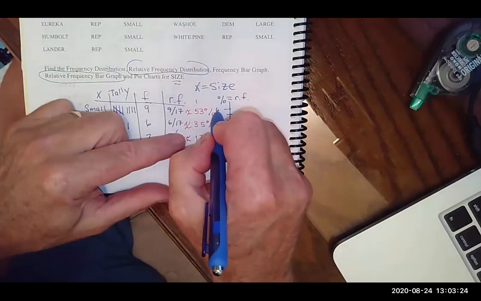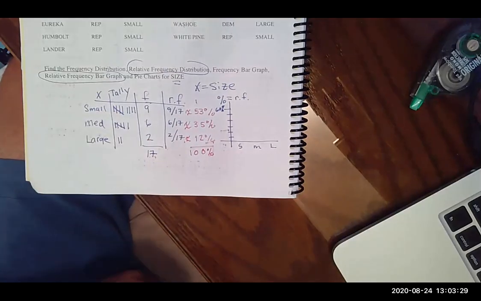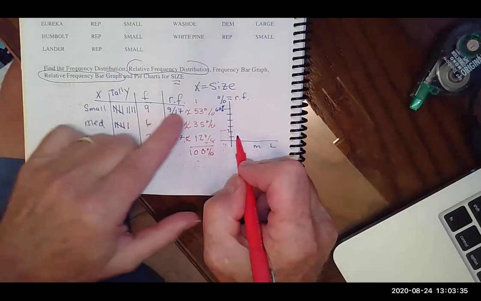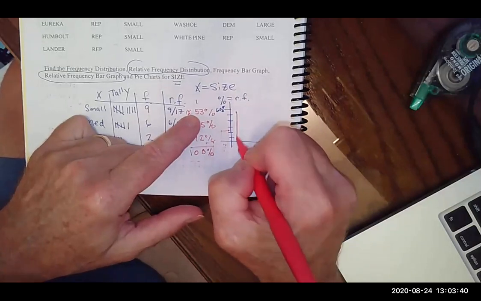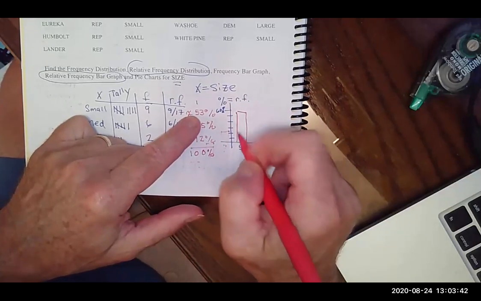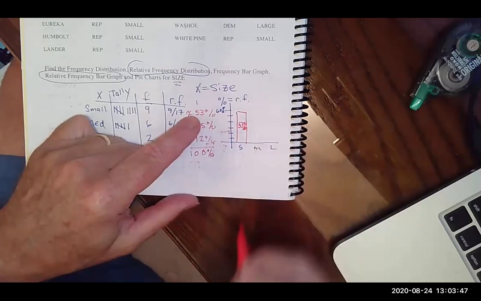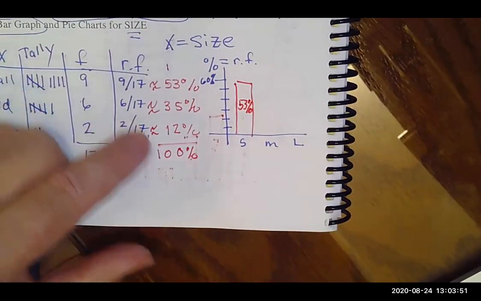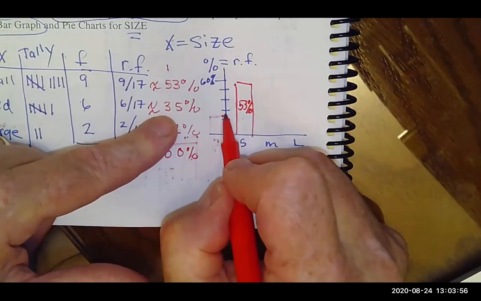Maybe you can write 60%. So if this is 10%, I'm going to make my first bar 53. It's approximating, but maybe you want to put your percent in there. Medium is 35%. So 10, 20, 35.